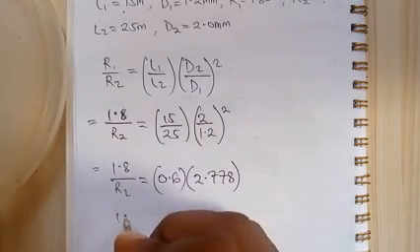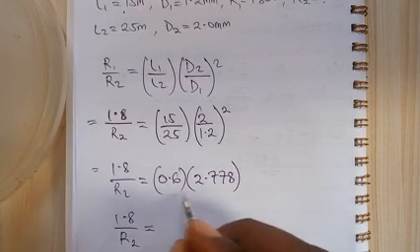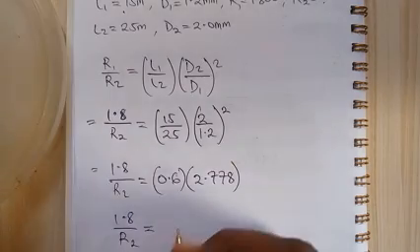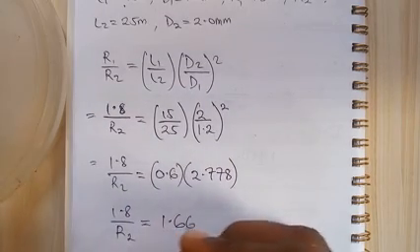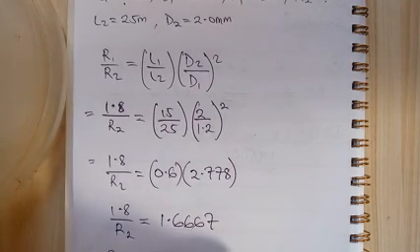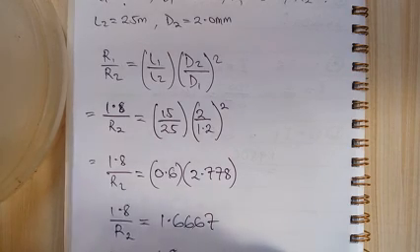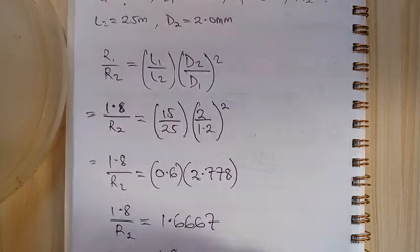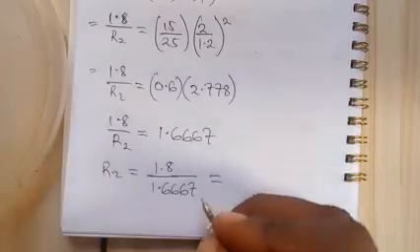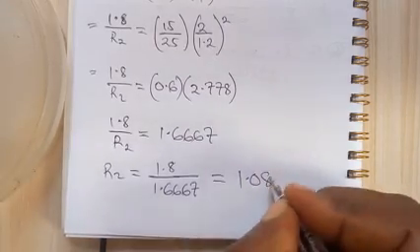Now we have 1.8 over R2 is equal to, if we multiply these two out, the answer will be 1.6667 approximately. So if we make R2 subject of the formula, we'll have 1.8 divided by 1.6667, and that will be 1.08 ohm.